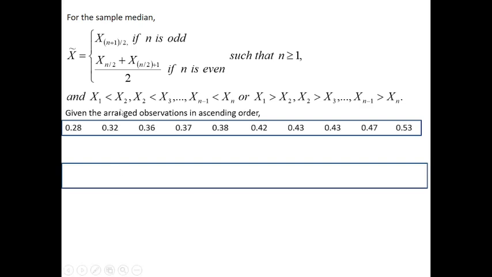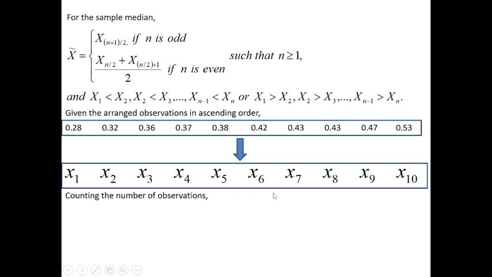We arrange first the observations in ascending order, and these are now the corresponding values of the random variable: x of 1, x of 2, x of 3, and so forth. Counting the number of observations, n is 10, right? So if n is 10, is it odd or even?